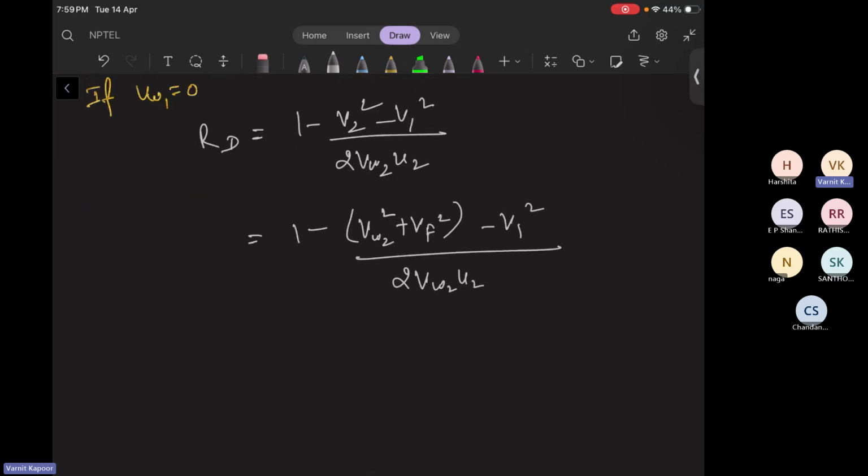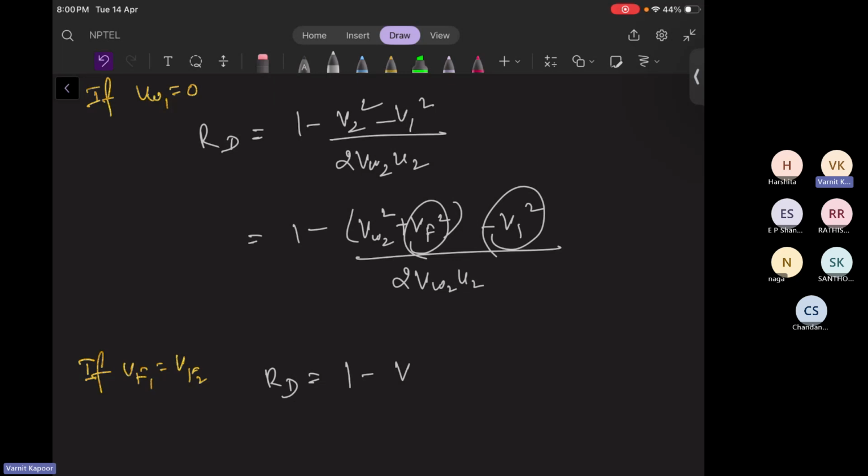If I assume that my flow velocities are the same, if VF1 is equal to VF2, then my degree of reaction will be 1 minus VW2 square. If it is a radial velocity, VF1 and VF2 both will be equal.